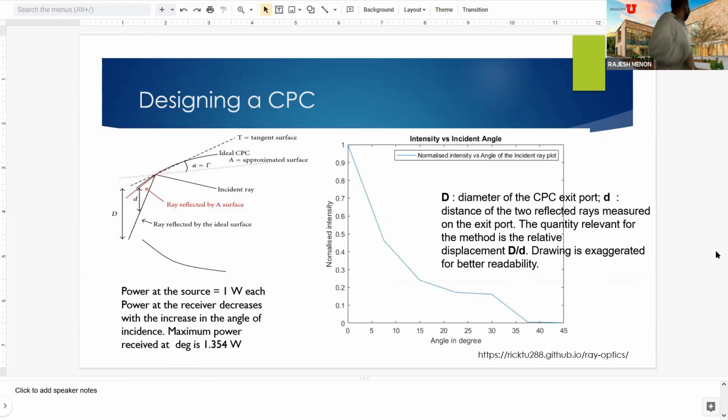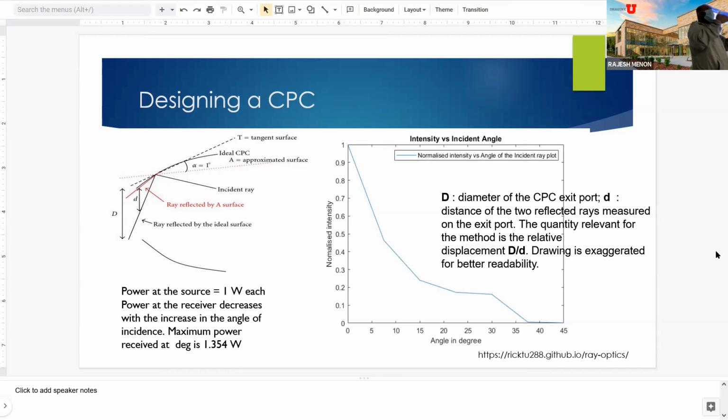Yeah, you have more. This is the graph with normal incidence, showing normalized intensity with respect to the angle of incidence. For the power source, 1 watt each, I have used 2 power sources.